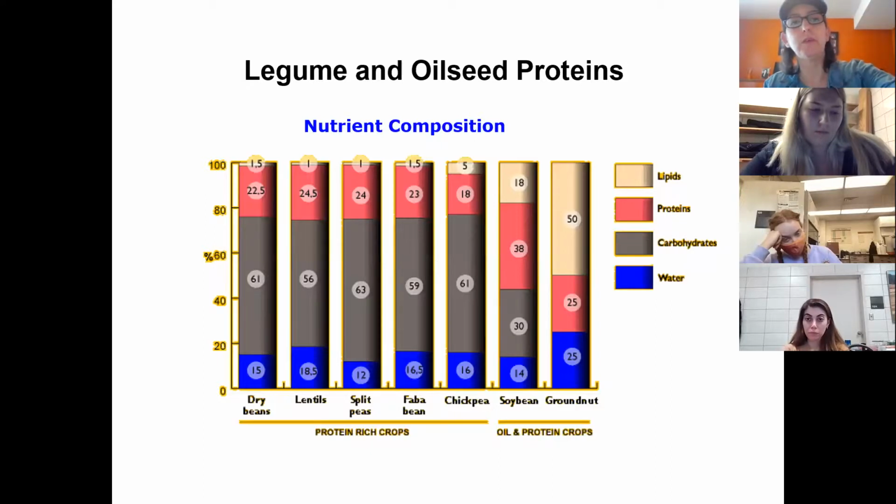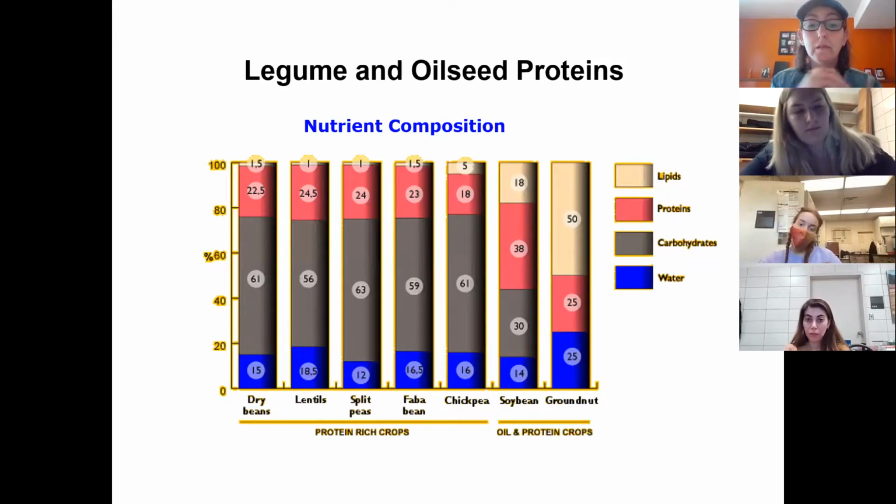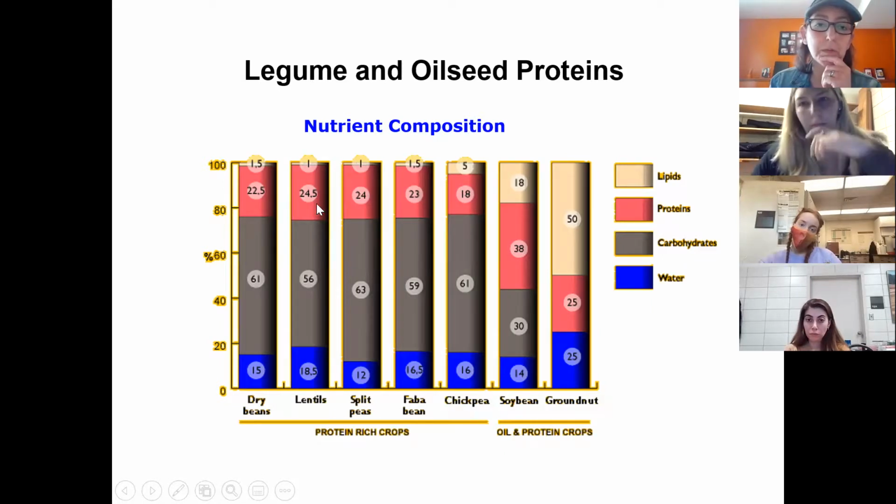So this is just a brief differentiation when I say starchy versus oil seeds. The pulses have a high percentage of carbohydrate, mostly starch and fiber, and an appreciable amount of protein, between 20-25% protein, and very low lipid, very low amount of fat. But chickpea, for example, has more fat content than the other pulses or legumes.